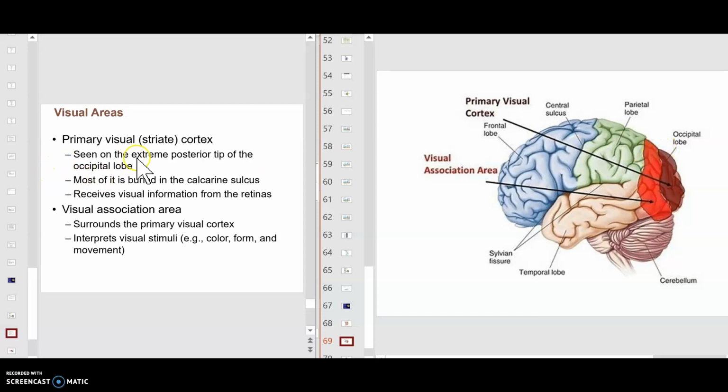The primary visual cortex, in the extreme posterior of the occipital lobe, is involved in visual information. In other words, that's where you would see from. But the visual association area, which is this one right here, surrounds the primary visual cortex and interprets visual stimuli like color, form, movement, things of this nature, to put meaning to it. We'll speak of that again in just a second.